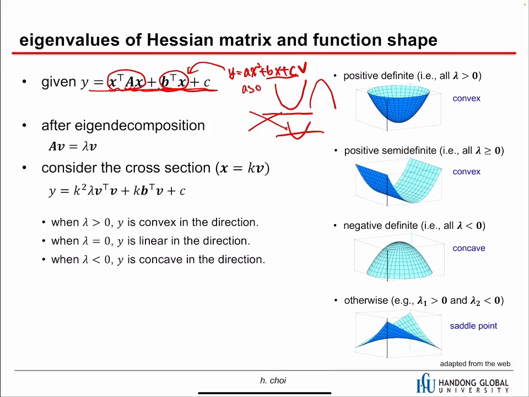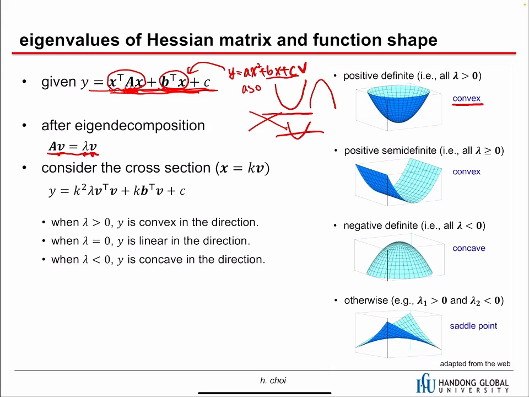Then to understand this one, we can plot the function in two-dimensional space. Then we can have a couple of different cases. First, we can actually apply the eigen decomposition to this matrix A. Then we have eigenvectors and eigenvalues. When all the eigenvalues are positive, then we have a convex function.